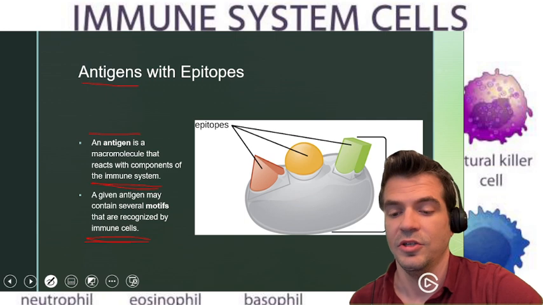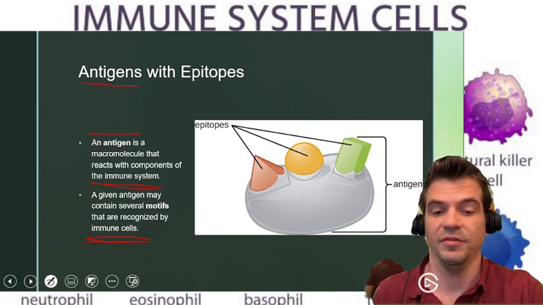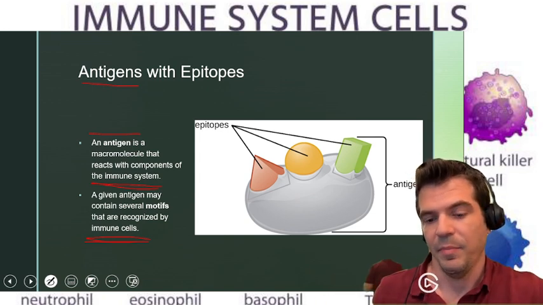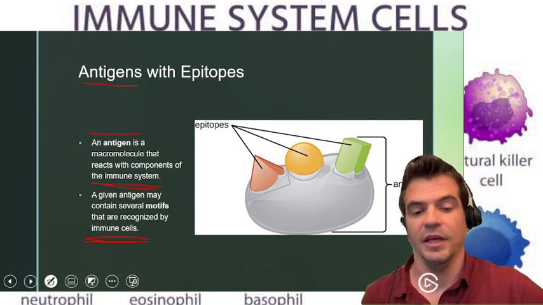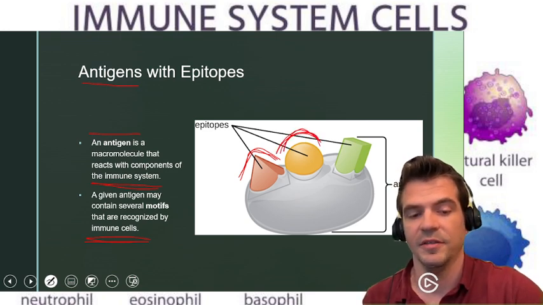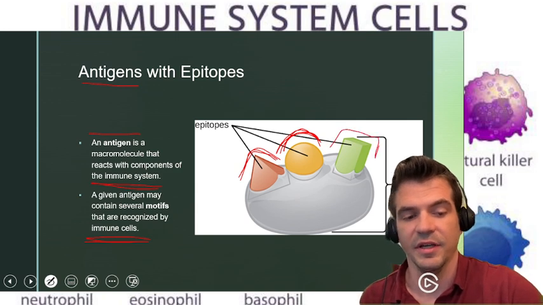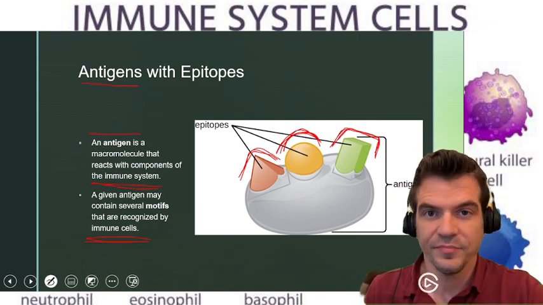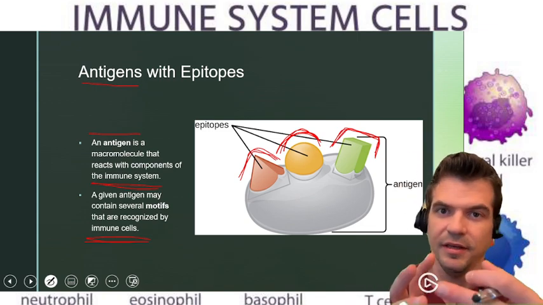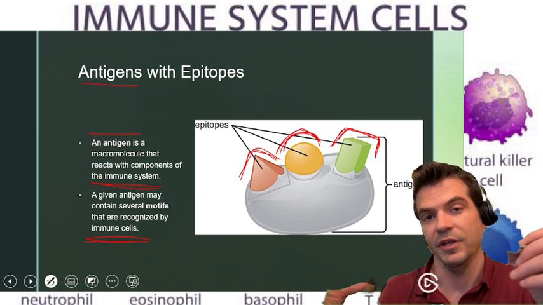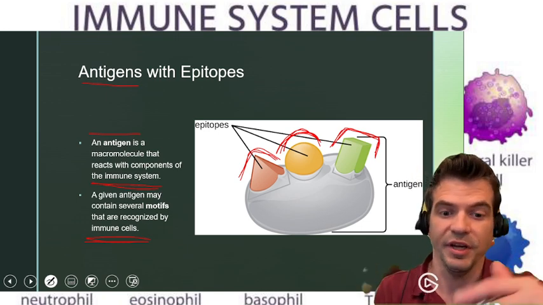But an antigen may contain several motifs. What do we mean by motif? It just means a recurring pattern. Here is a pattern that is recognized by a certain antibody. Here is a pattern that is recognized by a certain antibody. And here is a pattern that is recognized by a certain antibody. And with anything in biology, if you see shapes like that, that's like the fuzzy ball reading they get when they look at it under an electron microscope or an NMR reading.